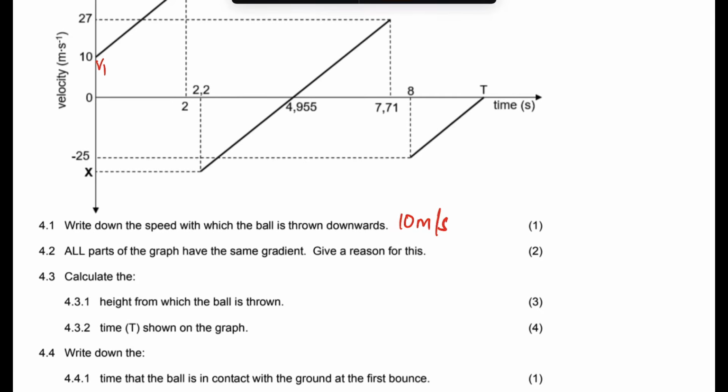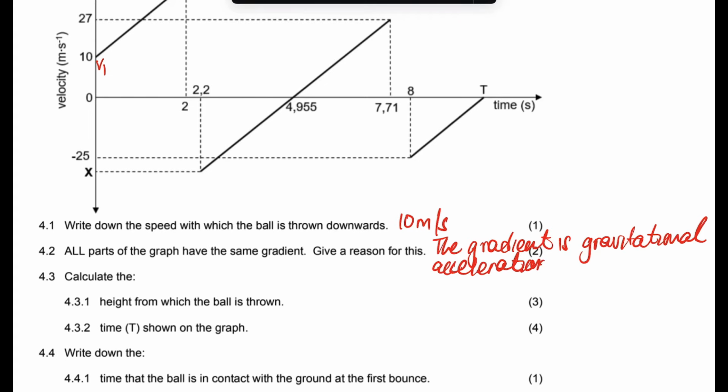So what I'm going to say is that the gradient here is gravitational acceleration, which is constant throughout the motion.